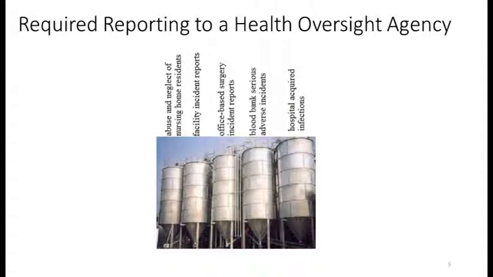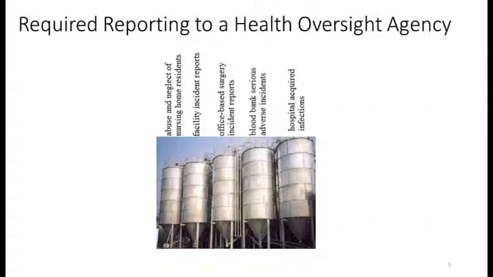So then on the next slide, I'm talking about a slightly different category, at least under HIPAA, which is required reporting to a health oversight agency. So probably like a lot of state health departments, in addition to doing public health work, we also oversee healthcare facilities that we license and regulate.